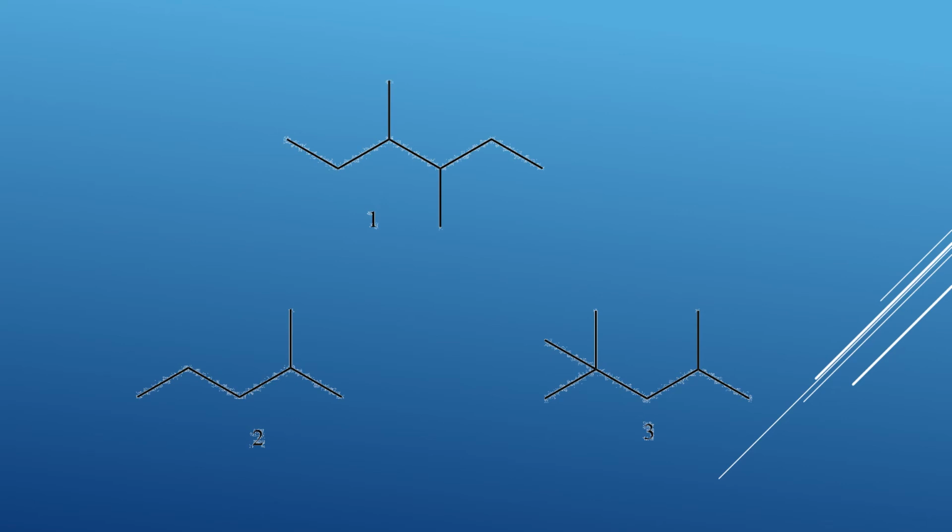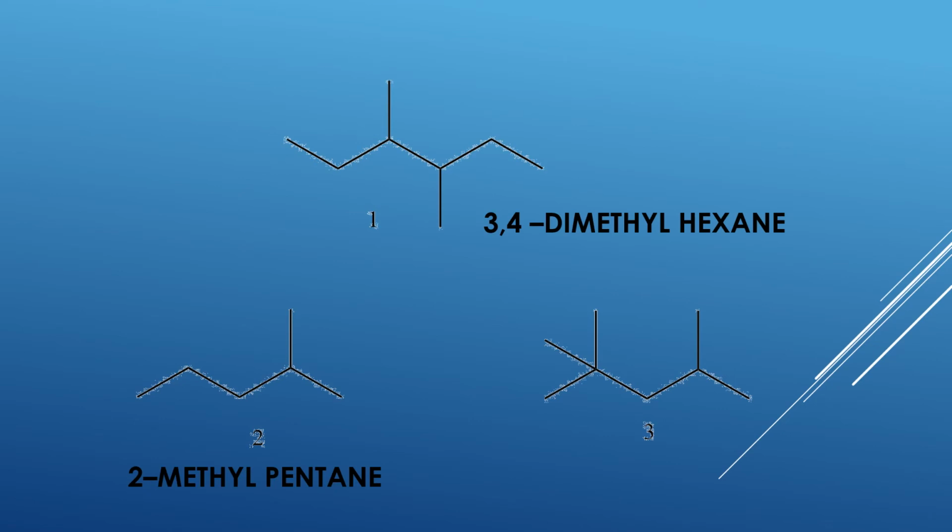And where they are present, we have to give the numbering for this: 1, 2, 3, 4, 5, 6. From anywhere if you count, third and fourth carbons are having the substituents. So we can write 3,4-dimethylhexane. It's not a cyclic compound, children. Open chain, no? So 3,4-dimethylhexane.